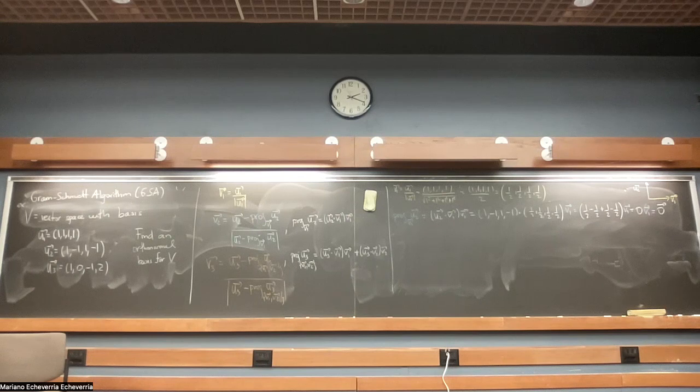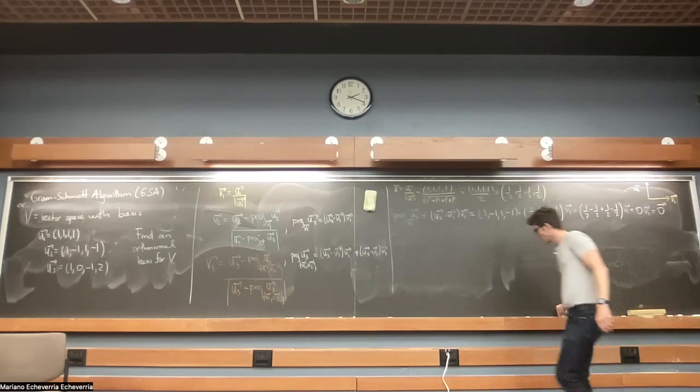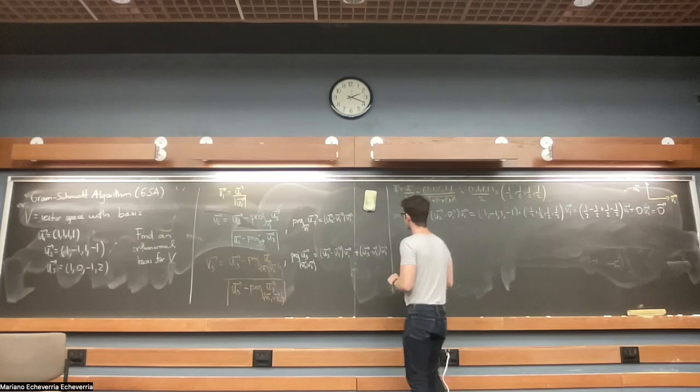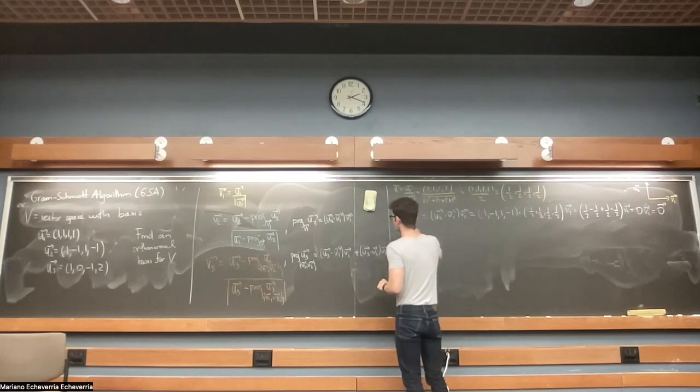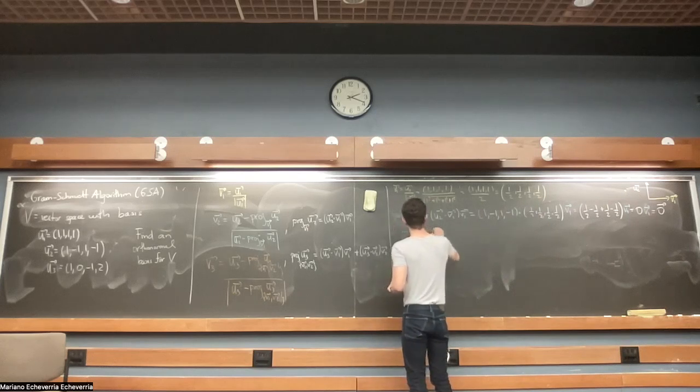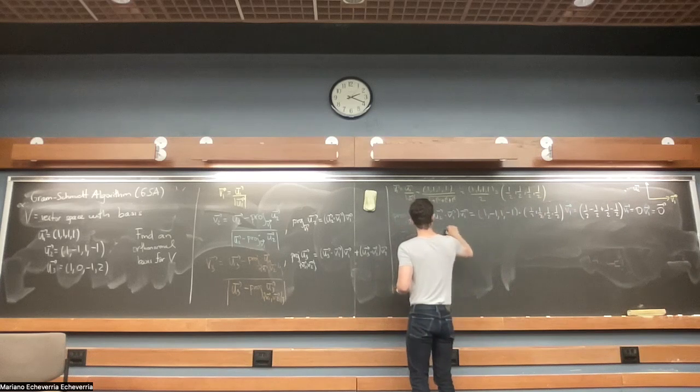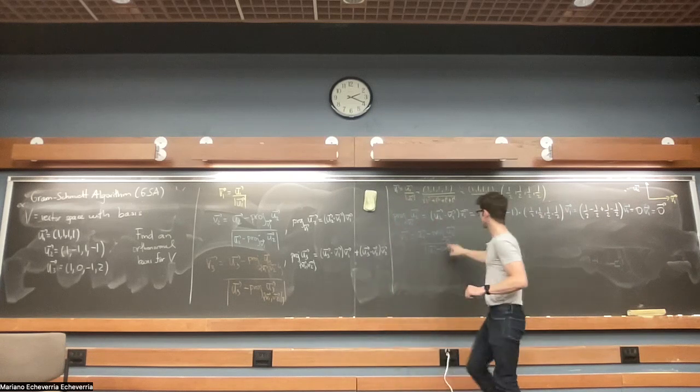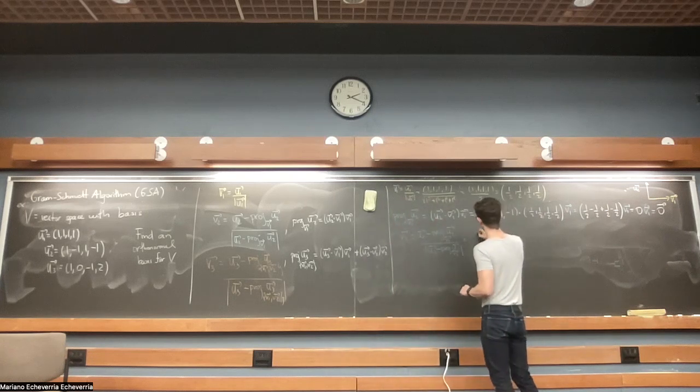Okay, and so for our formula for B2, what is it doing? It's just U2 minus the projection, but I just said that this projection is 0, so it's just U2 divided by its length.